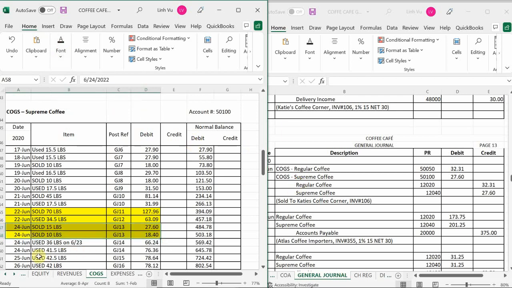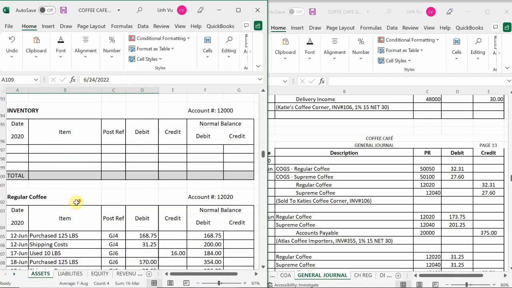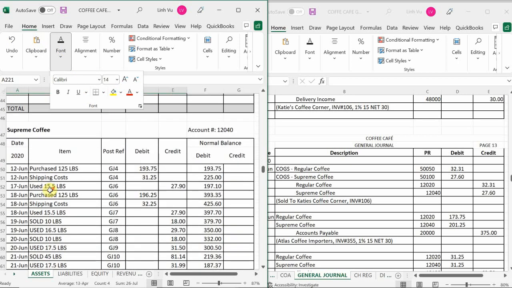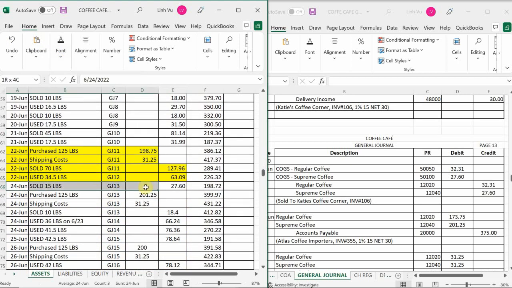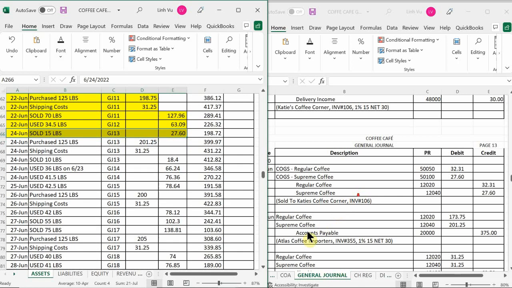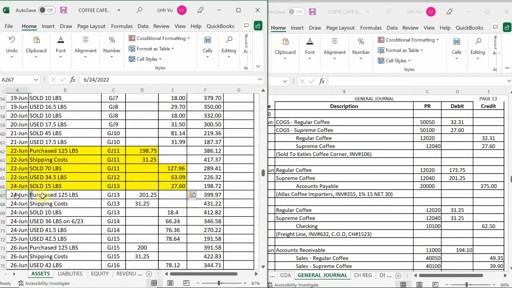Okay. Inventory. Then we bought some more coffee. Okay. For 201 and then 31.